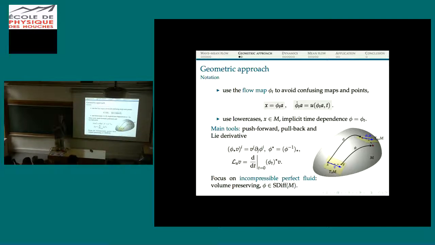If you remember classical mechanics, you have a configuration space, which is where the q's live. Well, here the equivalent is this infinite dimensional space of volume preserving diffeomorphisms or maps. And it also forms a group, because if you give me two maps, I can just compose them, right? So I can send a particle first with the first map, and then further away with the second map.